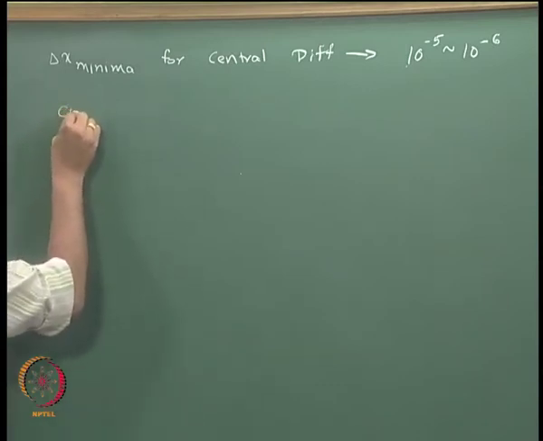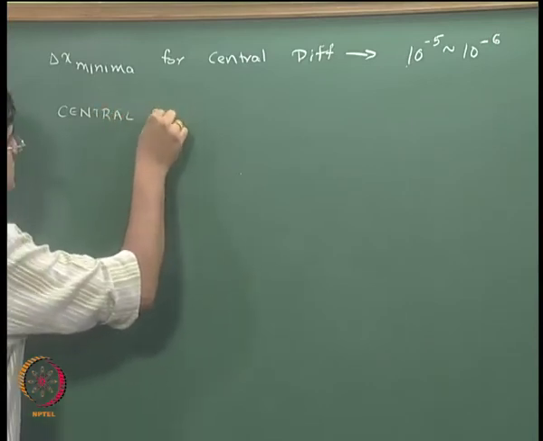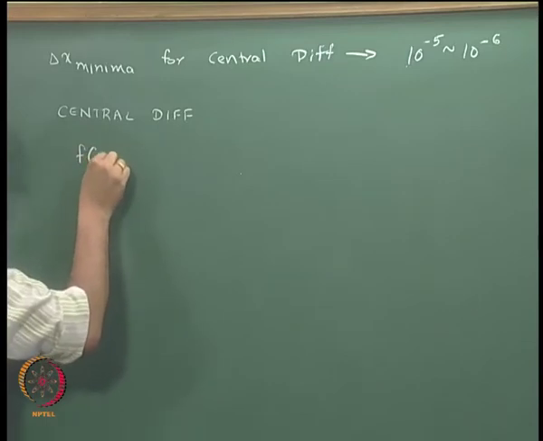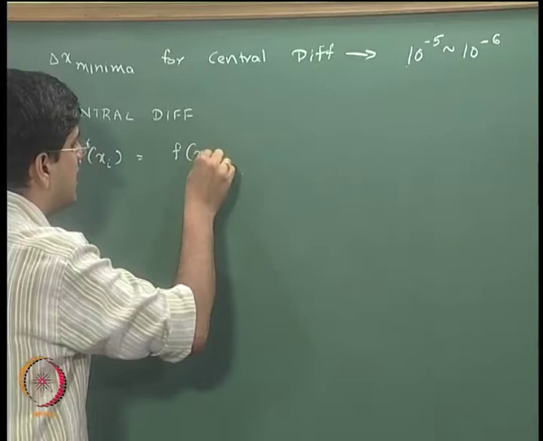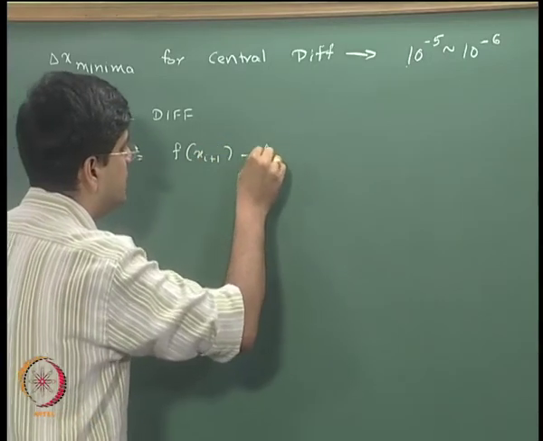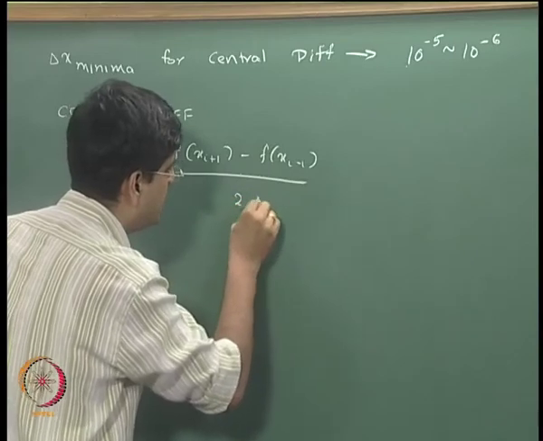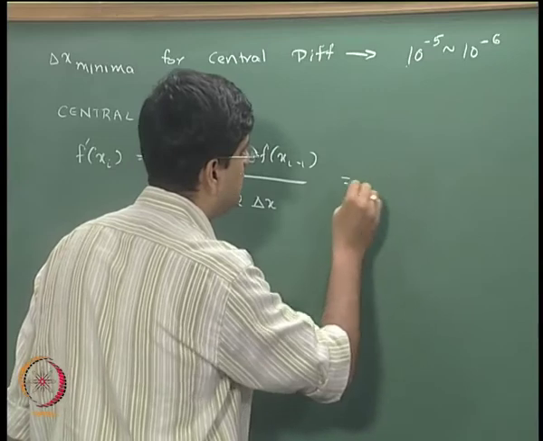The central difference formula was f dash of xi equal to f of xi plus 1 minus f of xi minus 1 divided by 2 times delta x.